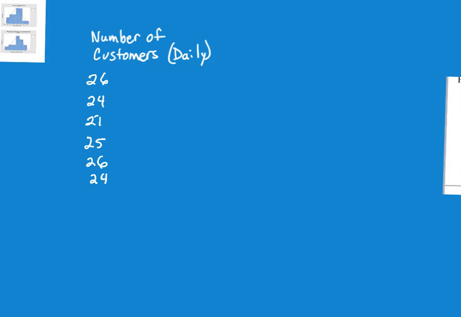Yep, and 25 and 26 are the next ones. Okay, 1, 2, 3, 4, 5, 6, 7, 8. I have 8 individual data points. To do this by hand, I will have to put them in ascending order.